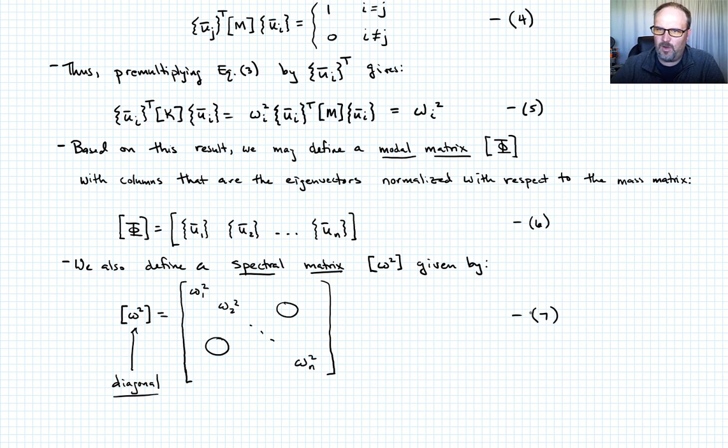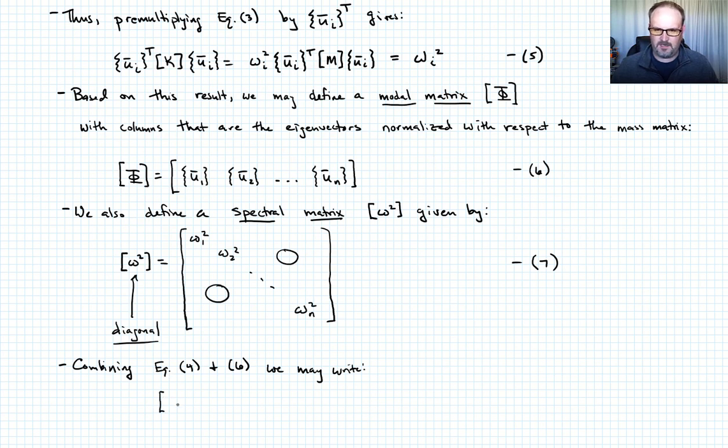And so now let's look at equation 4. Well, that equation 4 is really written in a pretty simple way that looks like we get this value of 1 only when u i and u j are equal. Well, we can take equation 4, combine it with equation 6, and we can write the following. We can say that phi transpose times m times phi, right?